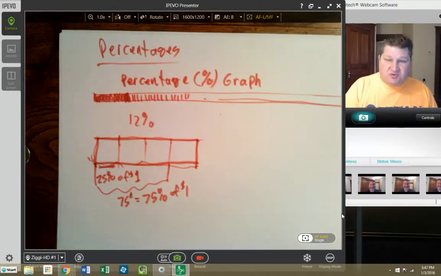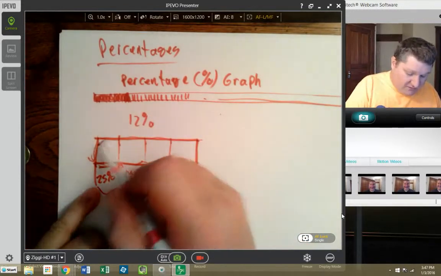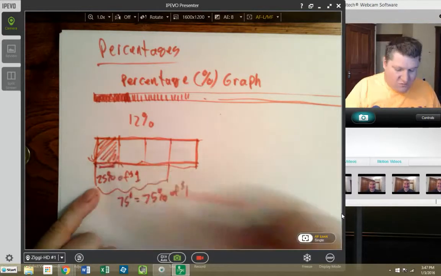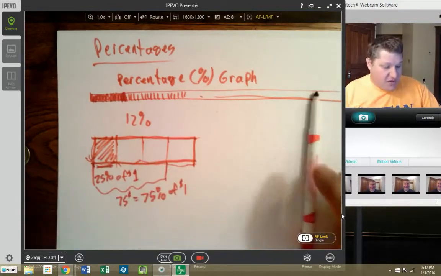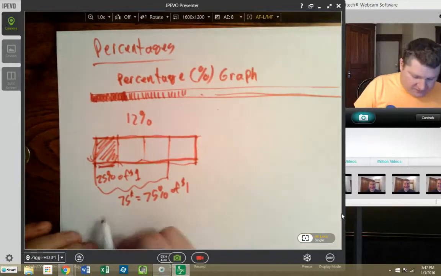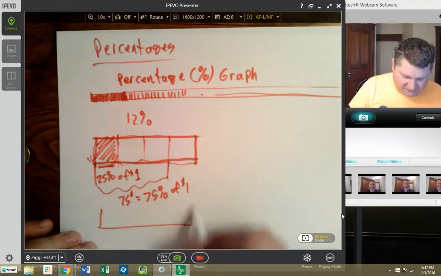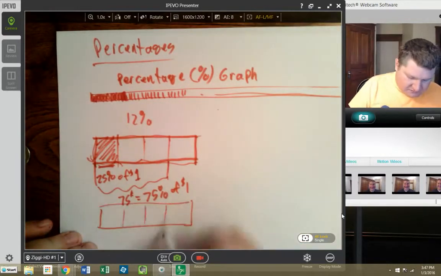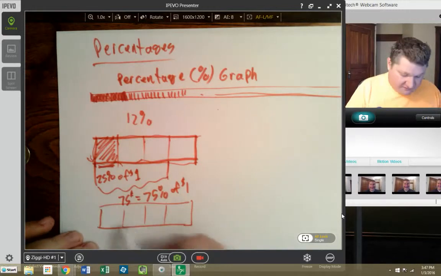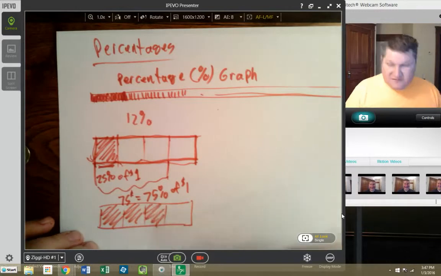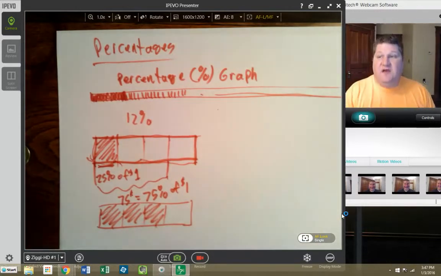So if I wanted 25% of a dollar, I would do 25 cents. One of those 4 blocks would make 25 cents. If I wanted 75% of a dollar, 1, 2, 3, each block is worth 25%. So it'd be 25, 50, 75% of that. So those are percentage graphs.